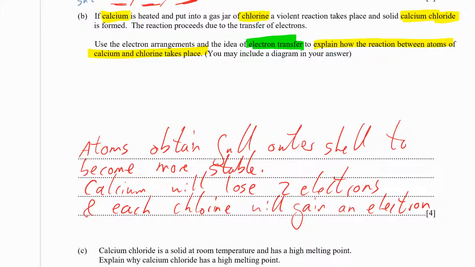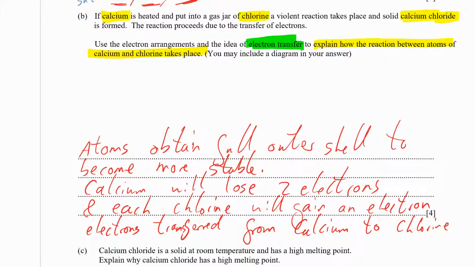And then for the final mark, you just need to say electrons transferred from calcium to chlorine.